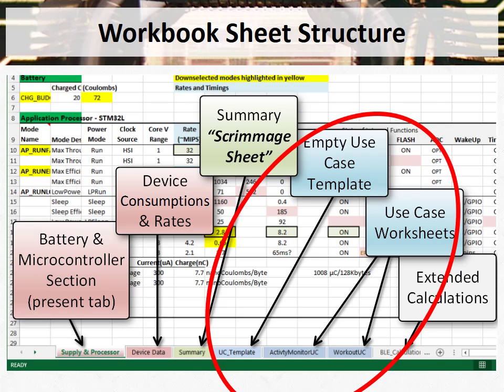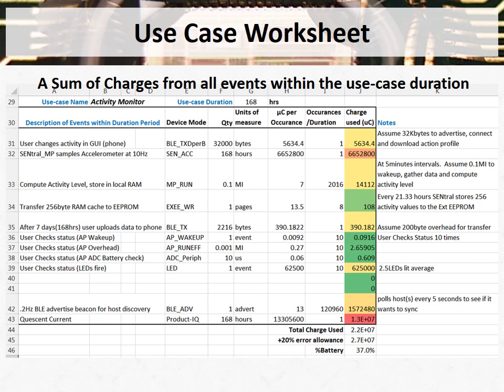Okay, this is where the rubber hits the road: use cases. I relate all my calculations in units of charge. That is the end result in the far right column, which is automatically conditionally colored based on its event's total charge usage relative to the other events in the worksheet.